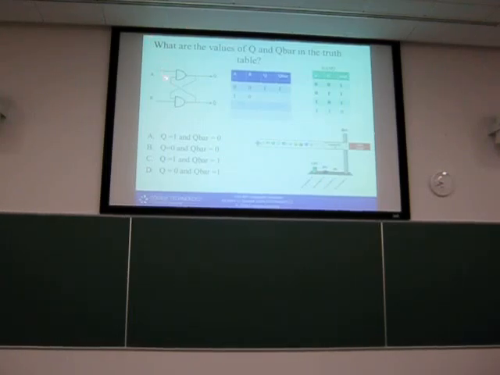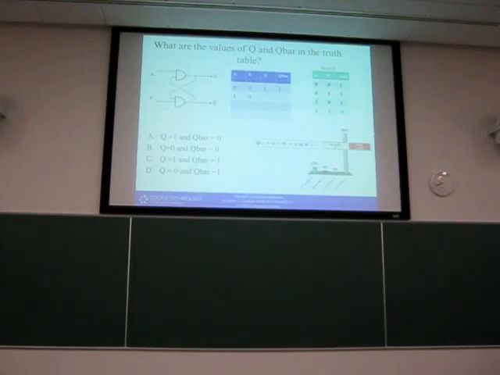Like I said, the first thing I would do is I say that this is an AND gate. It can be a NOR gate as well. But since I know this is an AND gate, I draw the truth table of that. Then I notice that most of the output is when the input is 0.